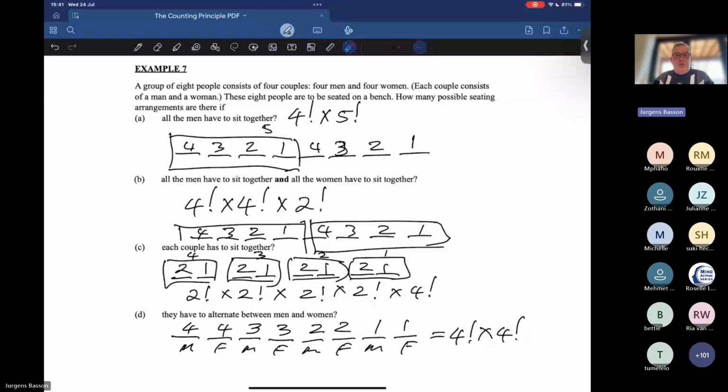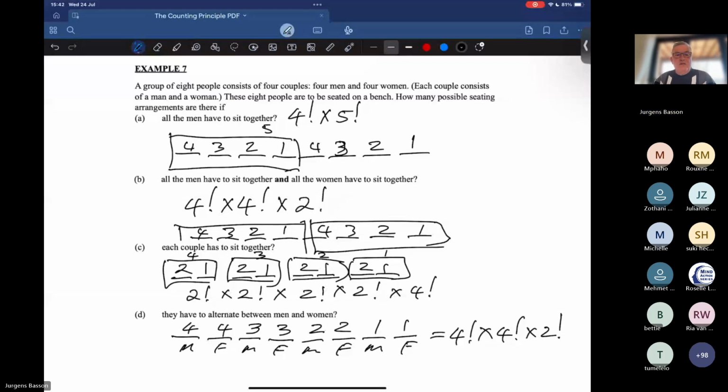So we can do the arrangement twice, and we must now say times 2, or you can say 2 factorial, or just 2 for the other arrangement. So it's similar to when we work with 2 groups, where you multiply with 2 factorial, because the 2 groups can swap around. This one is not groups that swap around, it's that we start with a male, or we can start with a female.